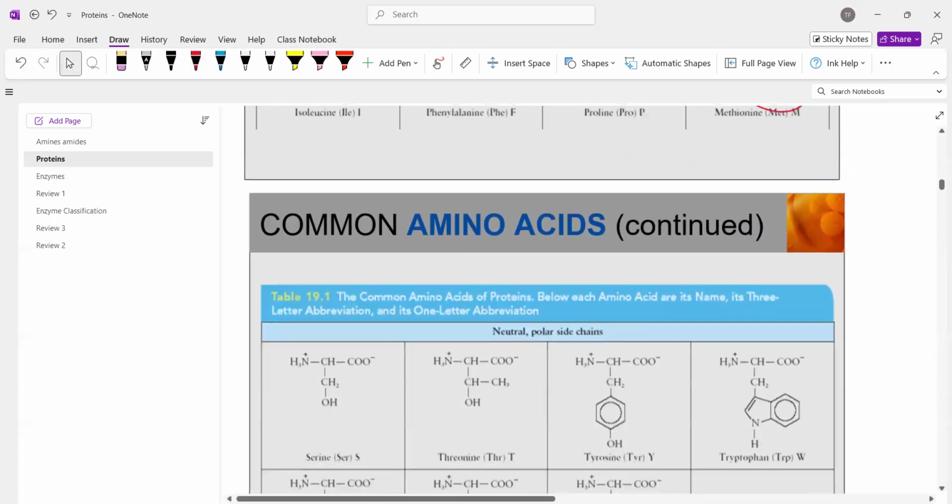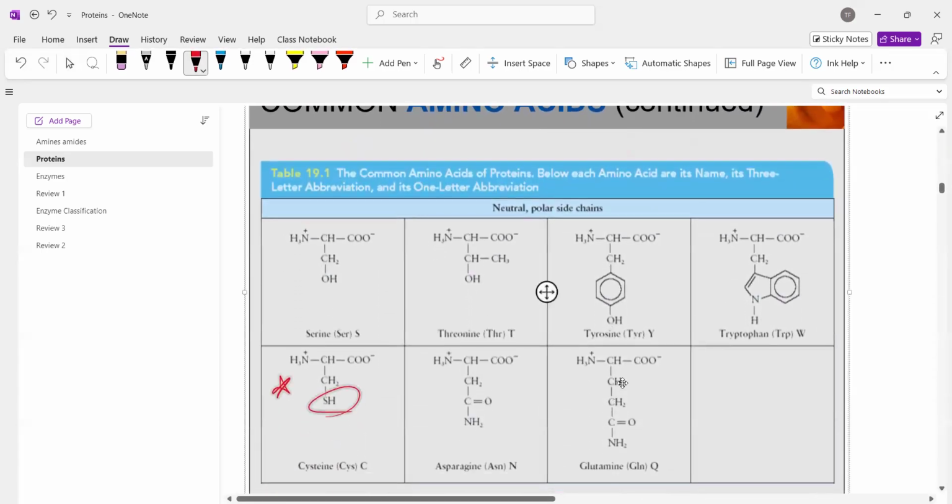And then we can also have neutral, non-charged, polar side chains. The reason they're polar is because of the oxygen. And because sulfur is underneath oxygen on the periodic table, it's also very polar.